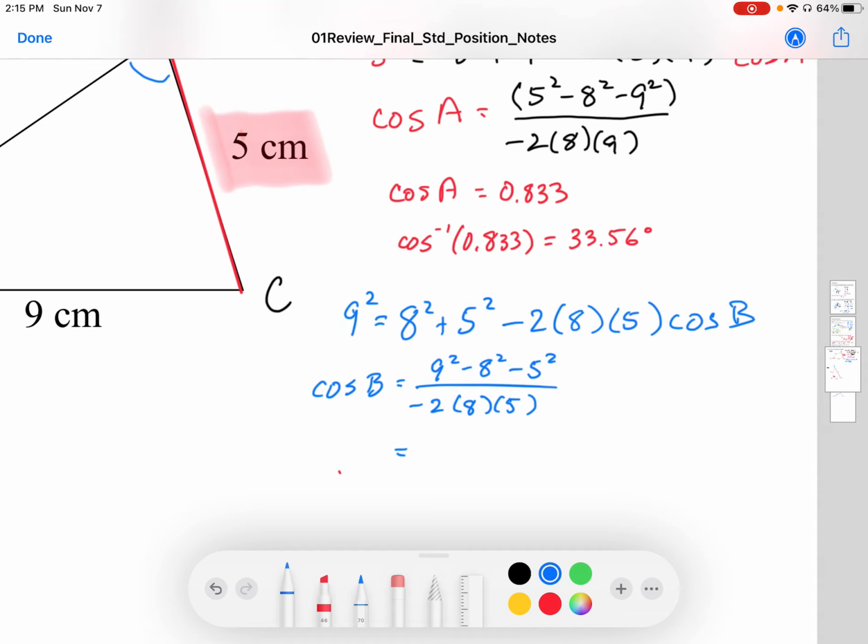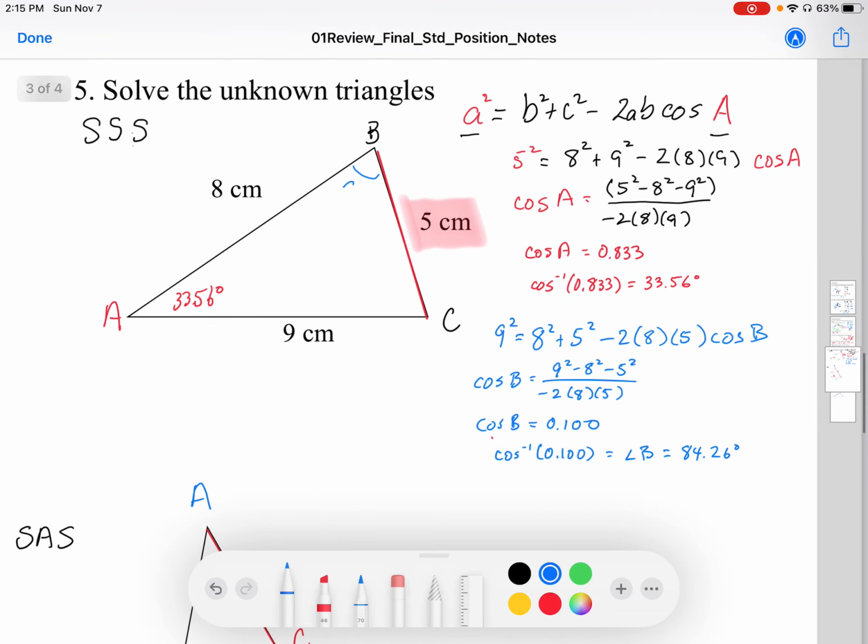Okay, so cosine B is equal to 0.100. So I'm going to undo that to get the angle B. Okay, so then that's going to be equal to 84.26 degrees. Okay, so this angle ends up being 84.26 degrees, and then solving for that third angle, I've solved for this triangle.